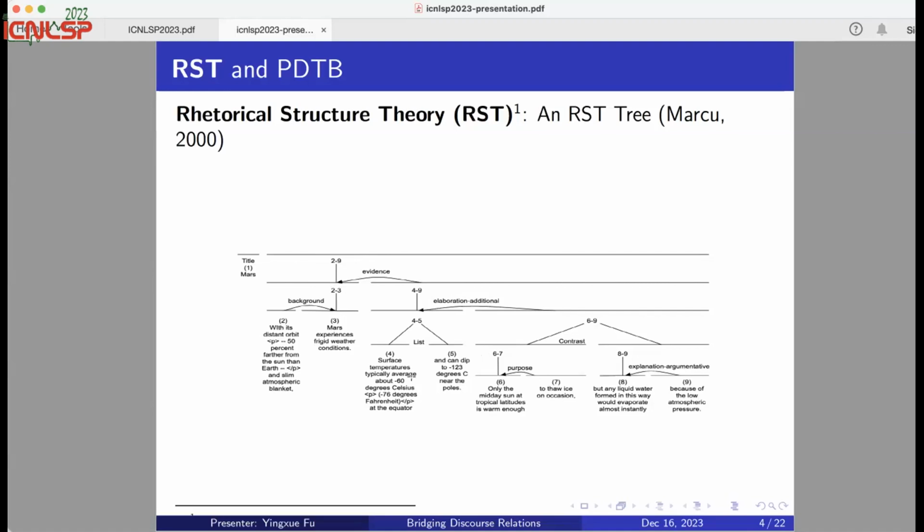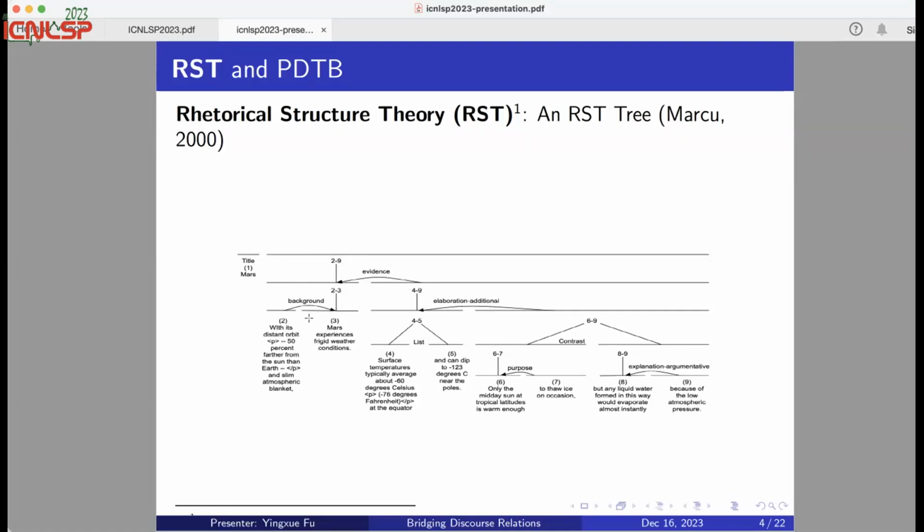It is believed that if a text is coherent, all the parts of a text should be connected with each other, and no parts should be left. And this is a criterion for a coherent text. And another prominent property of this theory is that it features discourse relations with different semantic salience.